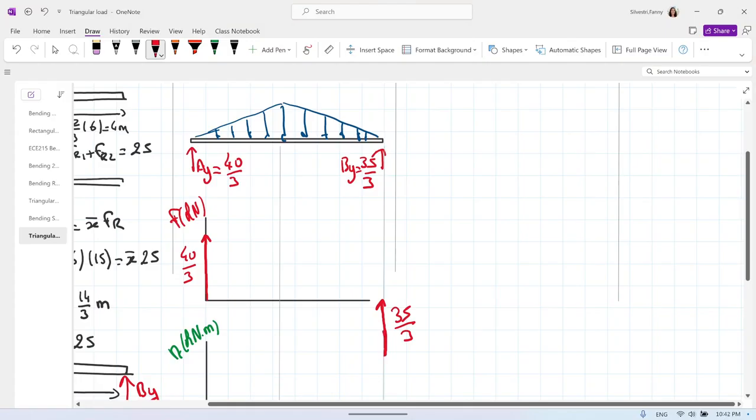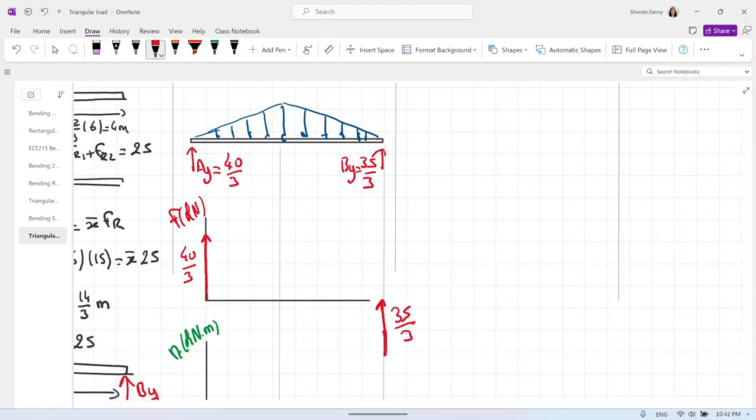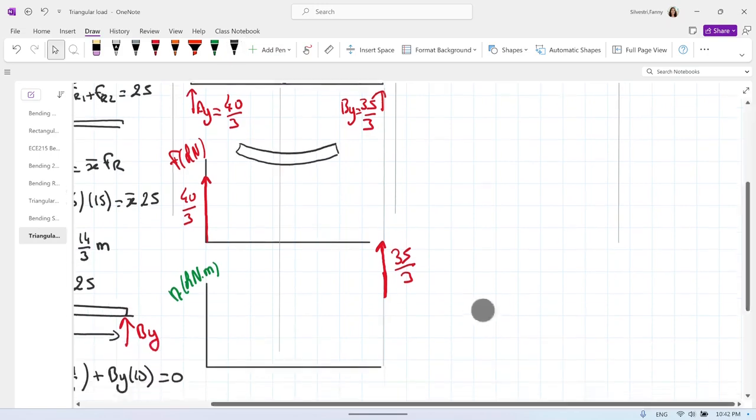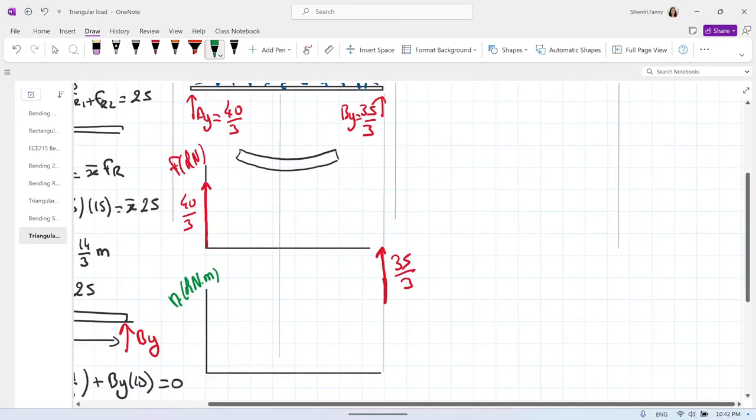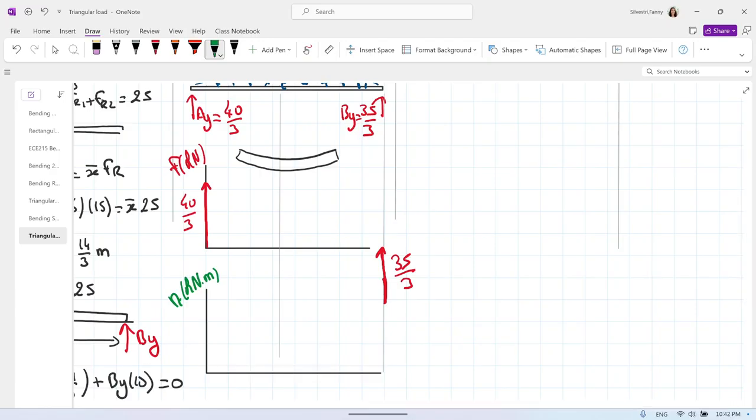In between, there is some distributed load. We know that the flexion will be a smile, so the flexion will be positive somewhere like this. There is a place where the moment will be max, and where the moment is max, the shearing will be 0.